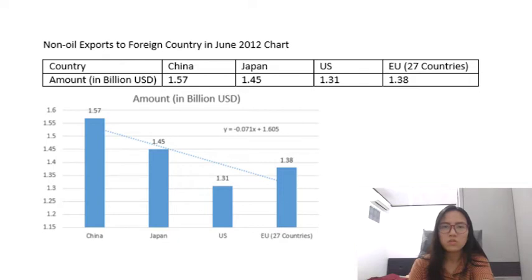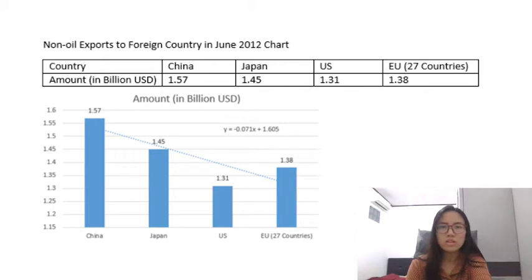China is our greatest non-oil and gas buyer, with a benefit of 1.57 billion US dollars, followed by Japan with 1.45 billion US dollars, and the US with 1.31 billion US dollars, and Europe with a total of 27 nations with 1.38 billion US dollars.